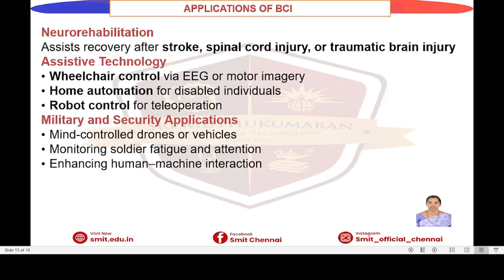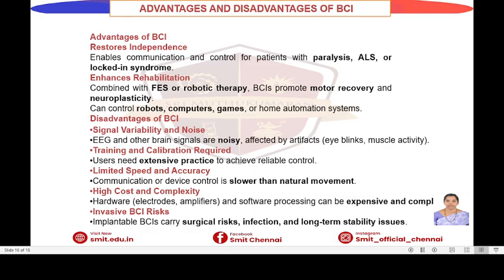It is also used as assistive technology, such as wheelchair control via EEG and motor imagery, and home automation for disabled persons, and also robot control for teleoperation, and military and security applications. It plays a vital role, such as controlling drones or vehicles, and monitoring soldier fatigue and attention, enhancing human-machine interaction.